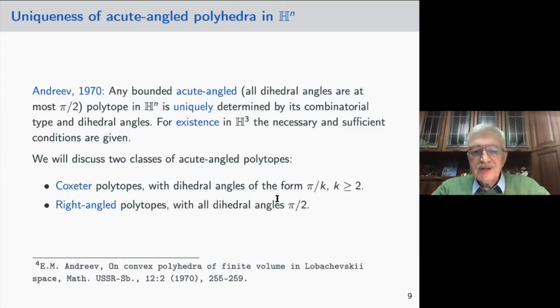Then it is uniquely determined by its combinatorial type and by its dihedral angles. And moreover, he proved necessary and sufficient conditions for the existence of such a polytope in dimension 3. And today we talk not about the general case, but about a specific case.